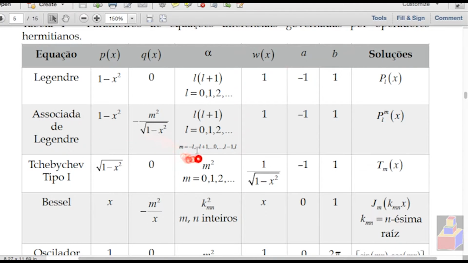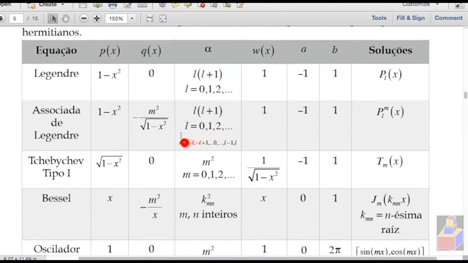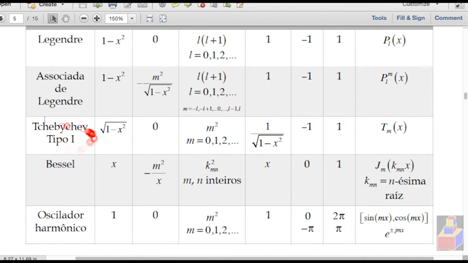There are 2 indices associated with them: an integer L and m that goes from -L to L. Chebyshev polynomials are used for synthesis of filters. You can make broadband filters by synthesizing the parameter as a Chebyshev polynomial.